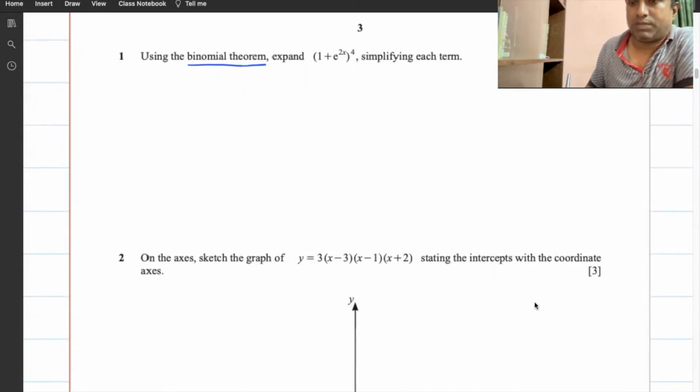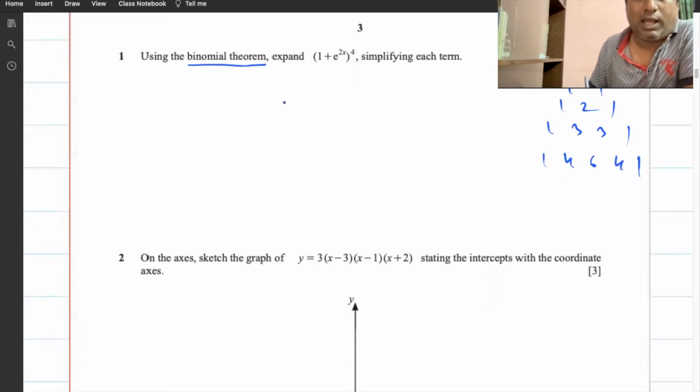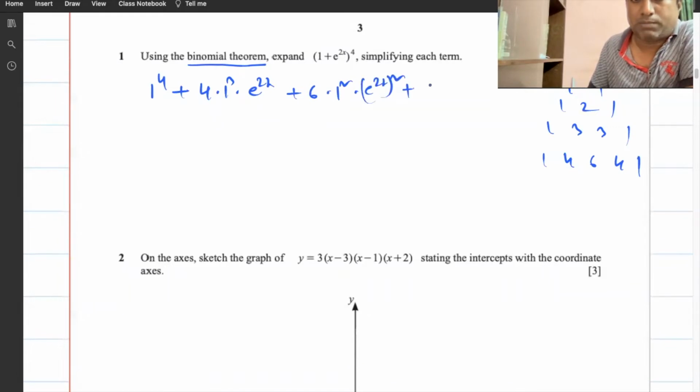We can use Pascal's triangle here: 1; 1 1; 1 2 1; 1 3 3 1; 1 4 6 4 1. Then we can write 1 to the power 4 plus 4 times 1 cubed times e to the power 2x plus 6 times 1 squared times (e to the power 2x) squared plus 4 times 1 times (e to the power 2x) cubed, plus (e to the power 2x) to the power 4.